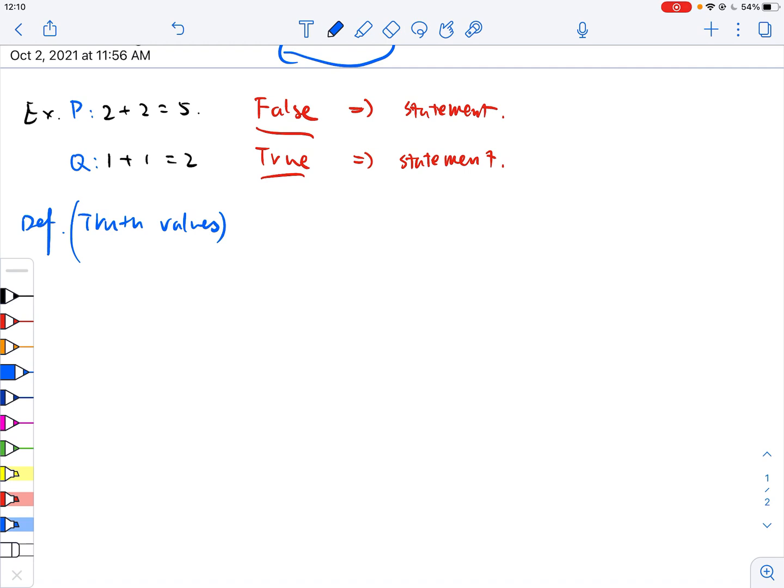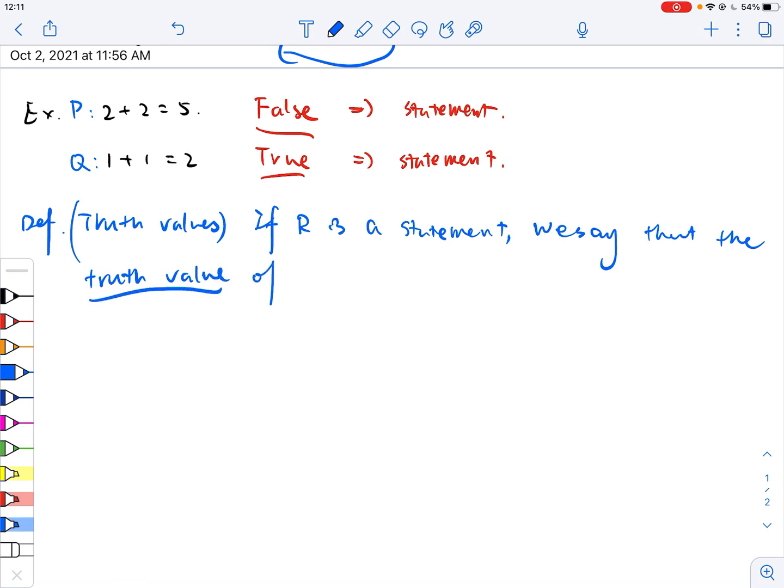If R is a statement, so basically R is any statement, which is a sentence that is either true or false, not both and not neither, we say that the truth value of R is T when R is true, and the truth value of R is F when R is false.